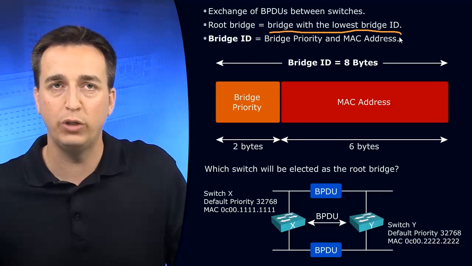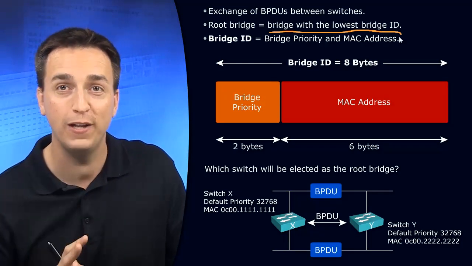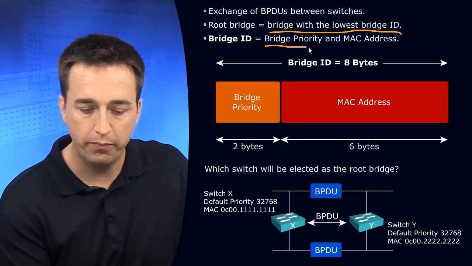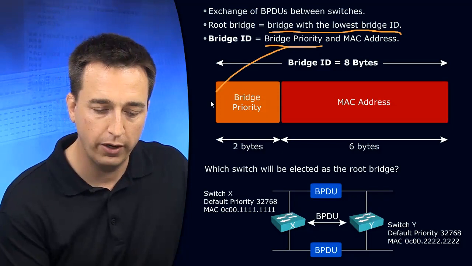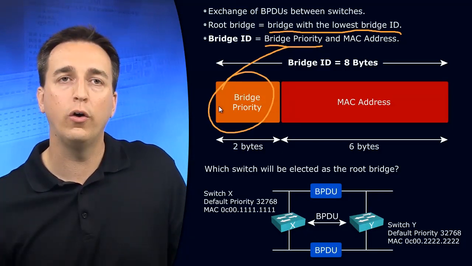Now, what is the bridge ID? It's made up of two parts, two extremely important parts. One is the bridge priority, and we can see the bridge priority right here. What is this bridge priority?